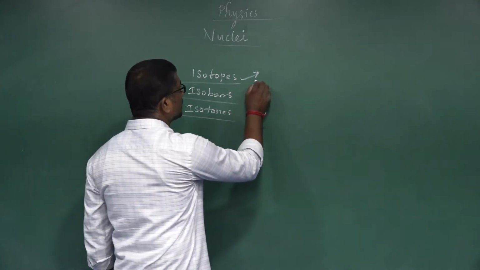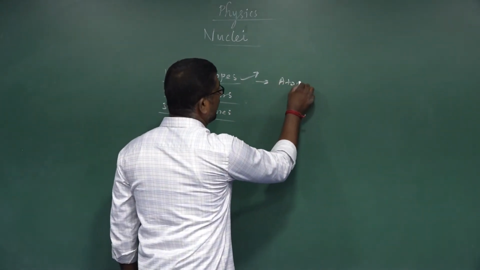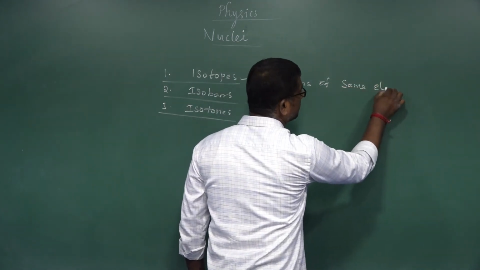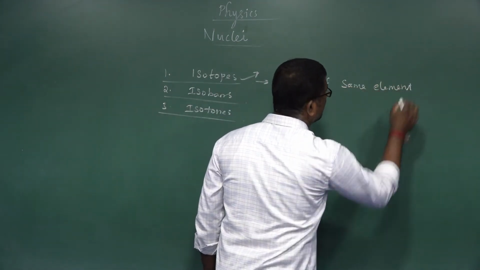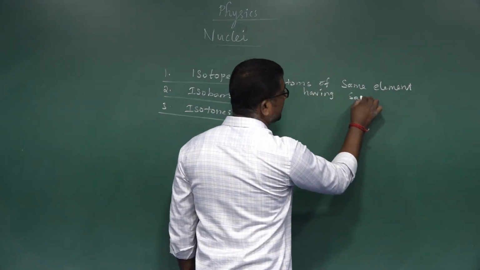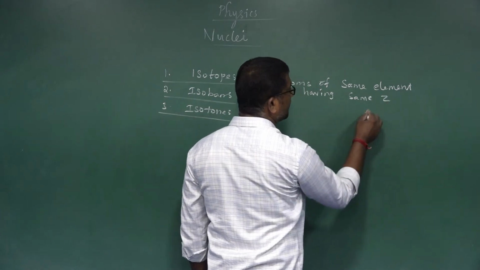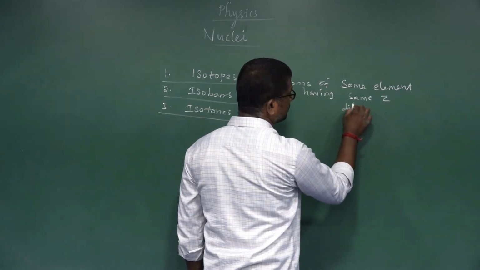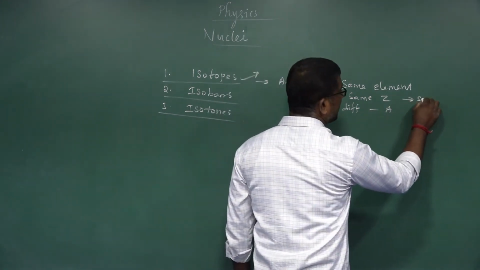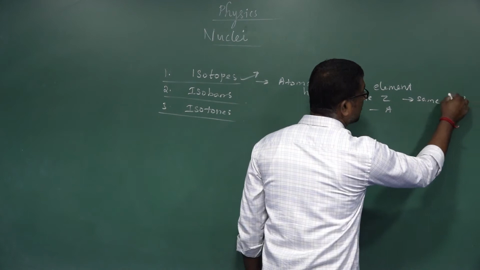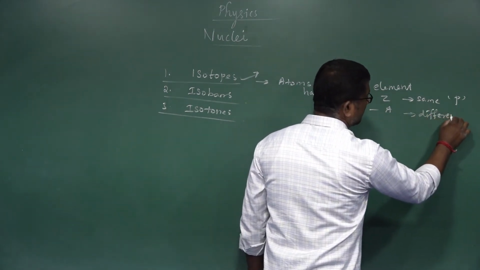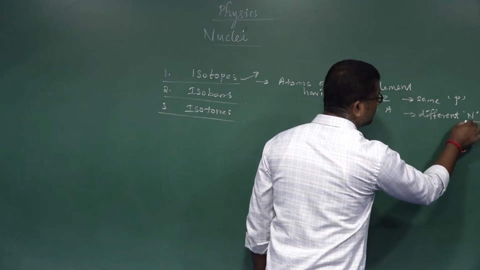Right. So isotopes are the atoms of the same element having the same atomic number but different mass number, or the same proton number and different neutron number.